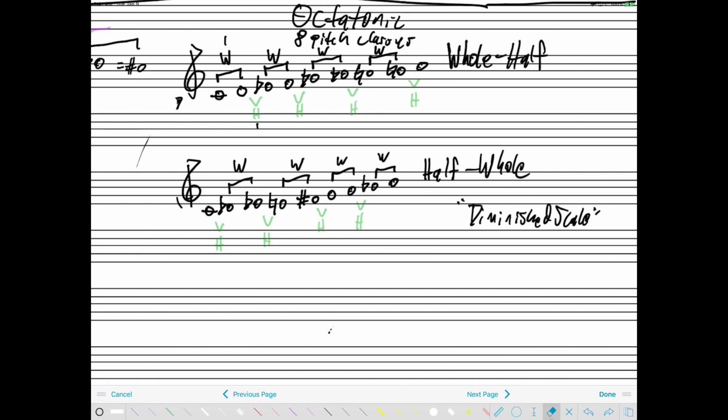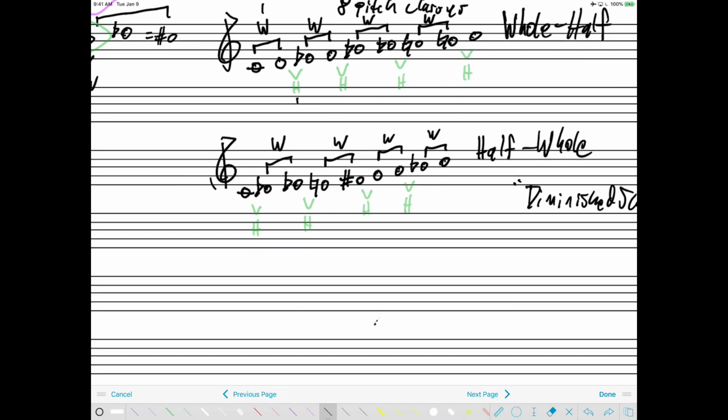The interesting thing about this scale is unlike the whole tone scale, where you couldn't get any major or minor triads. If you built a triad in the whole tone scale, you're only going to get augmented triads. In the octatonic scale, you can still get major and minor triads. And so oftentimes if people want to have sort of a colorful approach to using triadic harmony, sometimes they will include this.